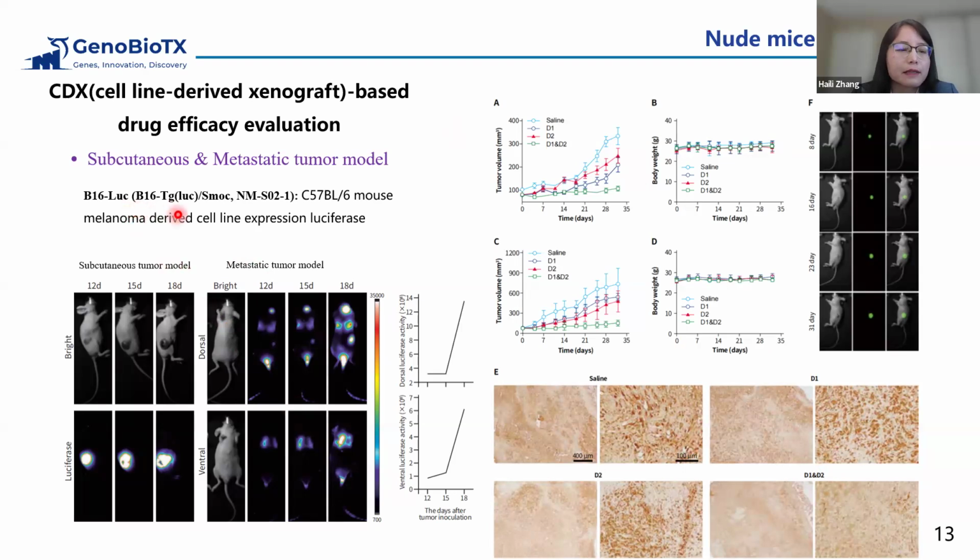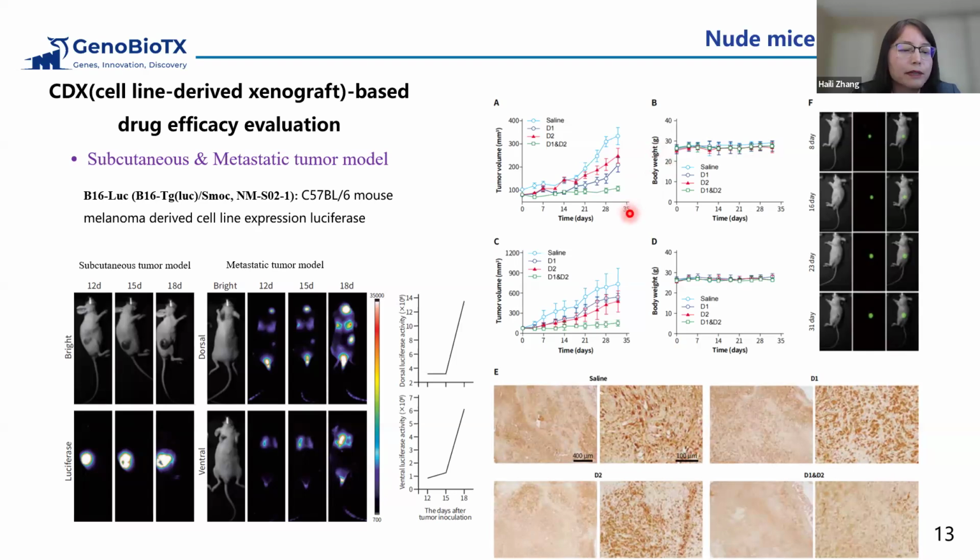This is a black 6 background melanoma-derived cell line that expresses luciferase, allowing for real-time tracking of tumor progression and metastasis. So from the figure here, you can see the tumor growth and metastasis after days of post-inoculation of cells in the nude mice.